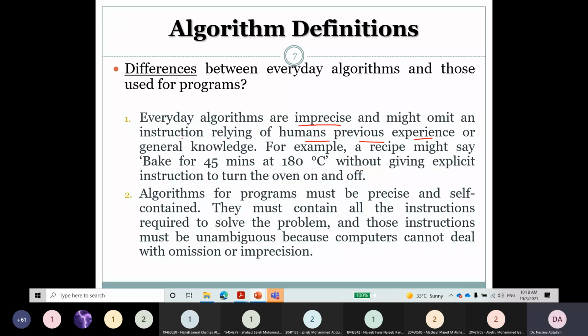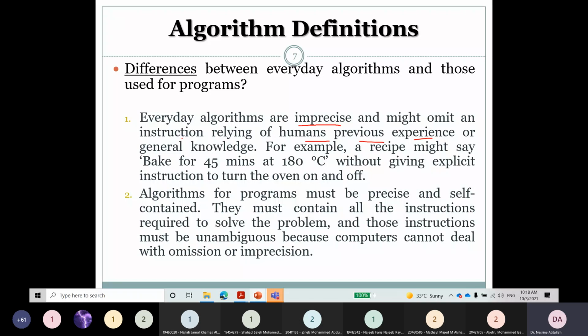But algorithms for programs must be precise, must be self-contained. What does self-contained mean?